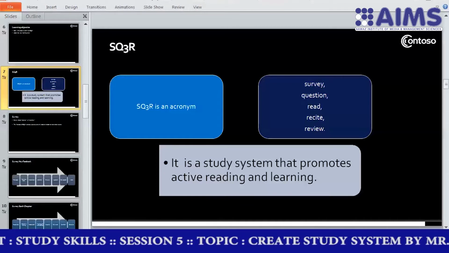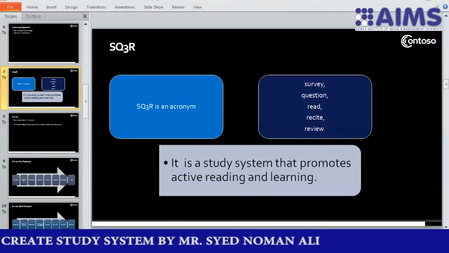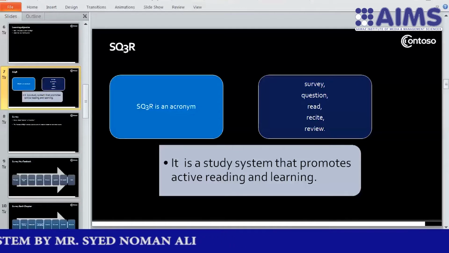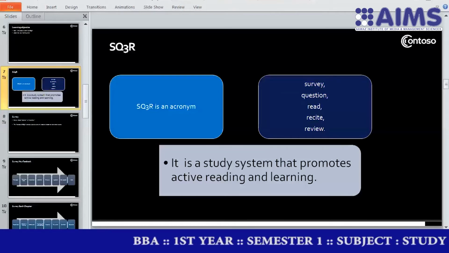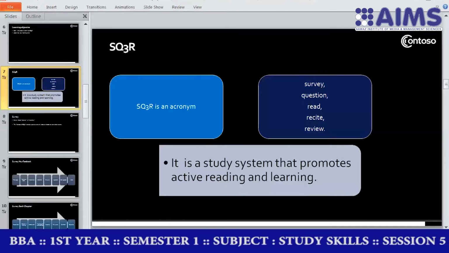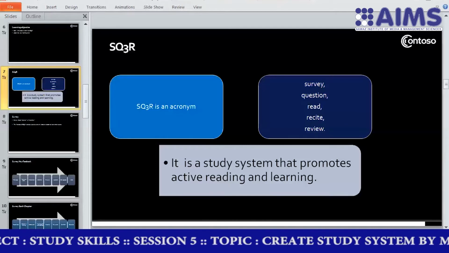You go for the reading, read with a purpose, read with a motive, and recite aloud. That makes you more attentive toward the content. And finally, go for the review. That system is very effective when you do active reading.